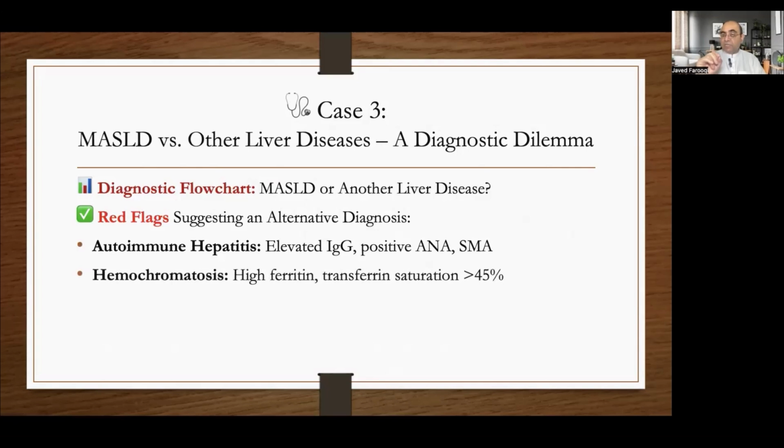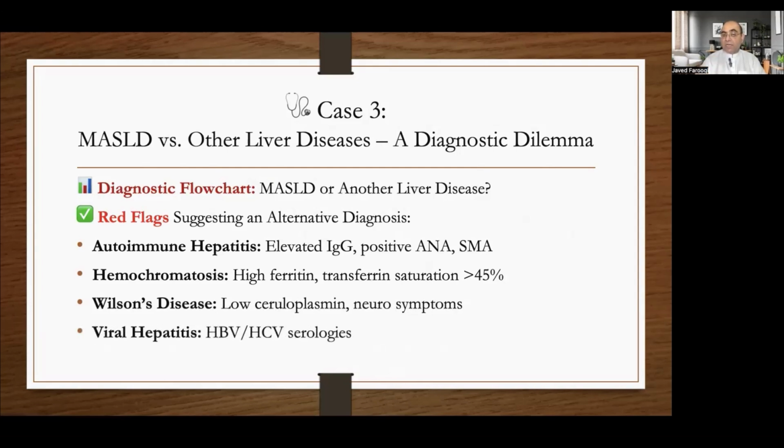High ferritin and transferrin saturation more than 45% will indicate hemochromatosis. Low ceruloplasmin and neuro symptoms will indicate Wilson's disease. And positive hepatitis B and hepatitis C serologies may indicate coexistence of viral hepatitis B or hepatitis C.